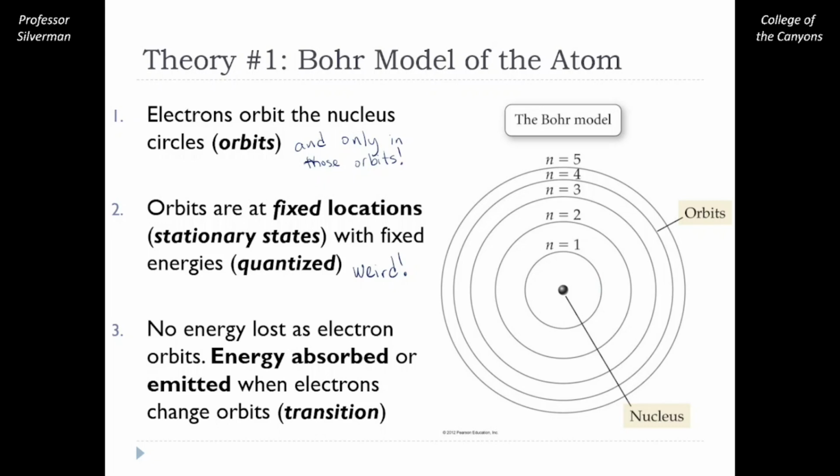We can try to draw a picture of what this might look like on the right. We have our nucleus in the middle, and our electrons can exist at this n=1 orbit, or maybe it can jump up to the n=2 orbit, but you'll never find it in between those two locations.